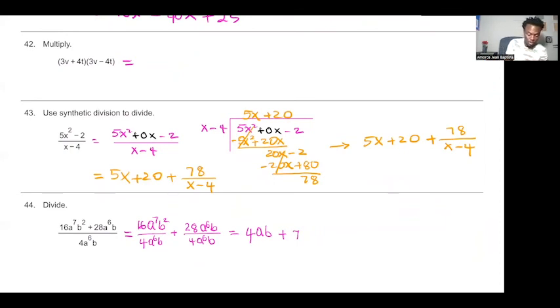So this one squared, 3v squared, minus this one, 4t squared. And then simplify, that's 9v squared minus 16t squared, and that's your answer.